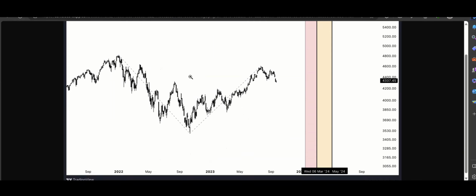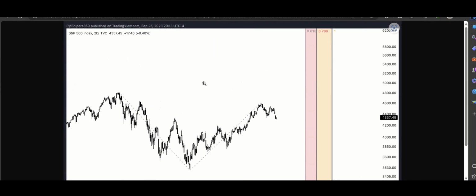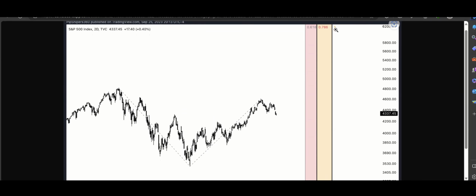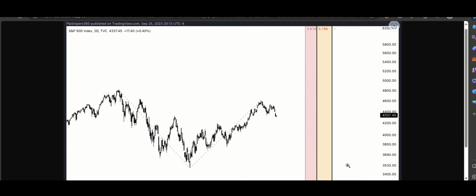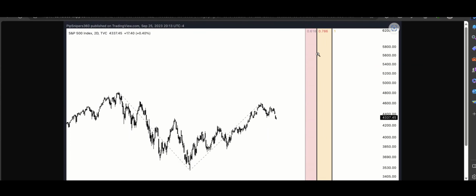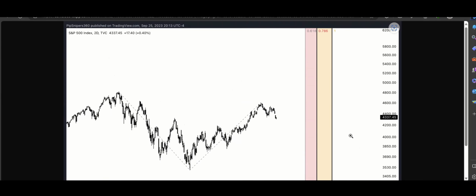Okay, now when I use the time-based fib tool, I see that your 100% fib is lying at around May 2024. And your 786 to your 100% fib is lying around March to May of 2024, which coincidentally is the Bitcoin halving.